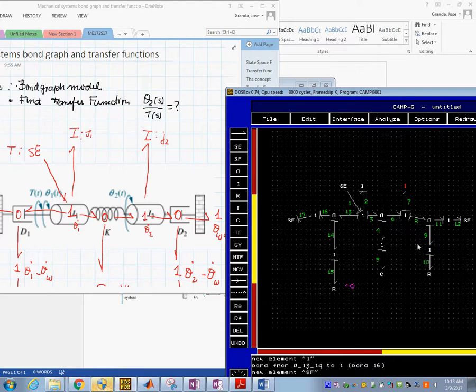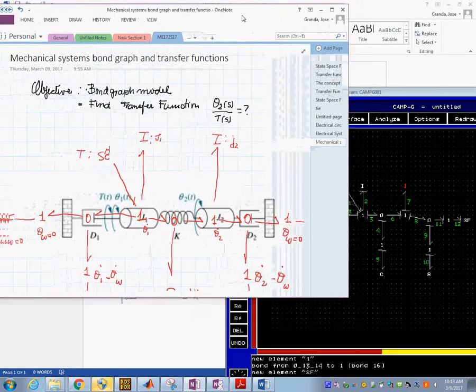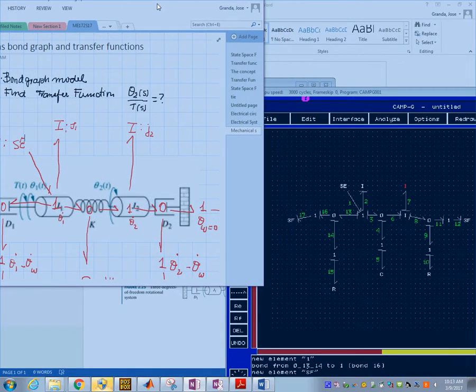Okay, this is the bond graph model that I have here on the left, and then on the right hand side.